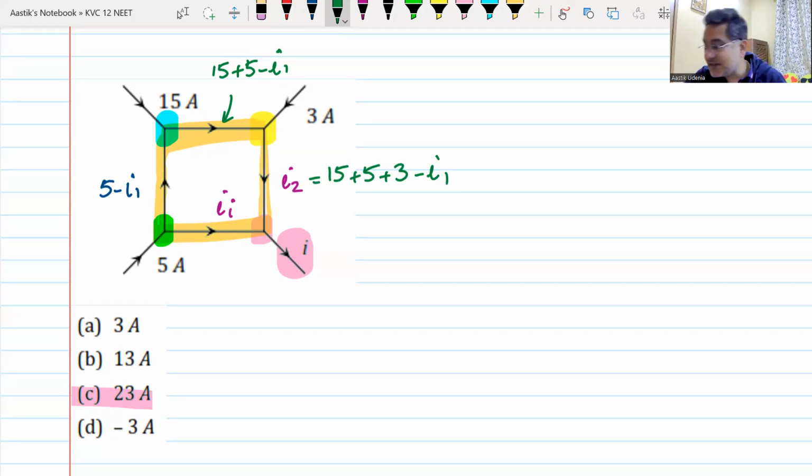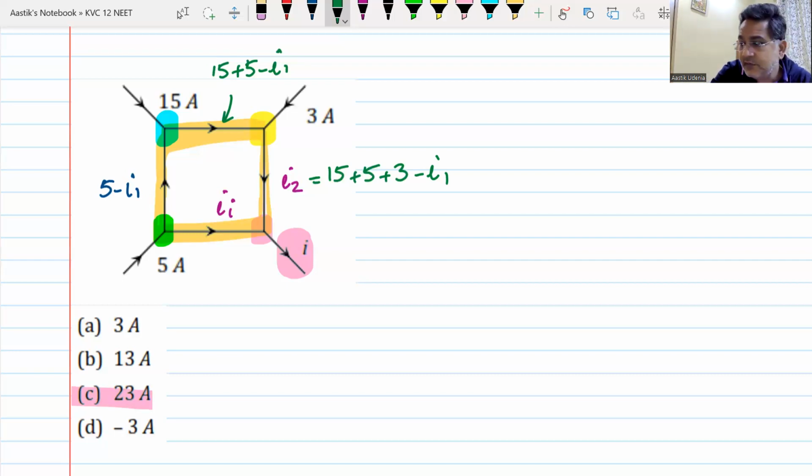So do we understand what I am saying here? Basically, whatever incoming current is coming, whether it's a junction or a series of junctions, whatever current moves out of that will be the sum. We understood this, yes or no?